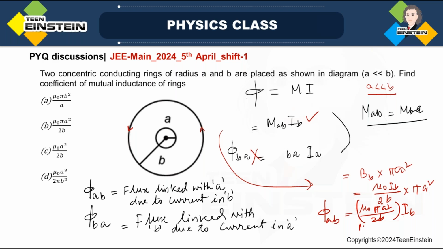So what will be M of AB then? That will be phi of AB by I. Okay, so this is the thing.